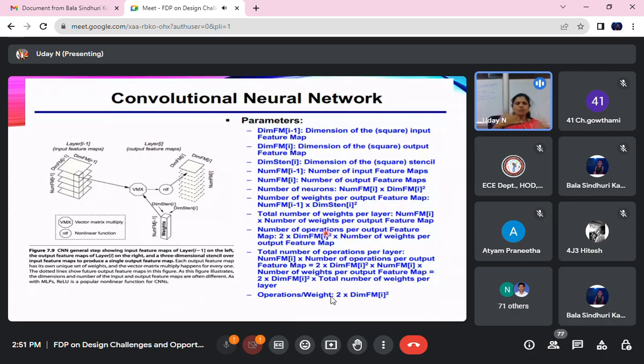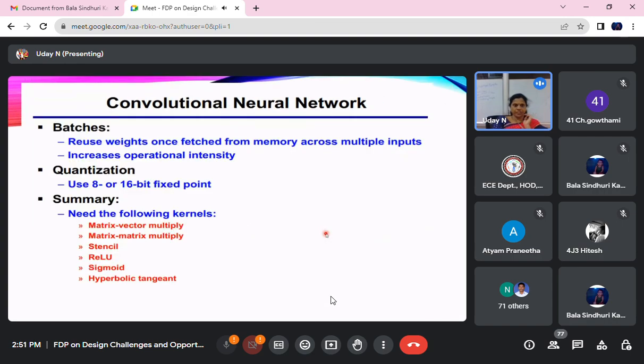So this is how the computational complexity is increased from a simple multi-layer perceptron to a convolution neural network.